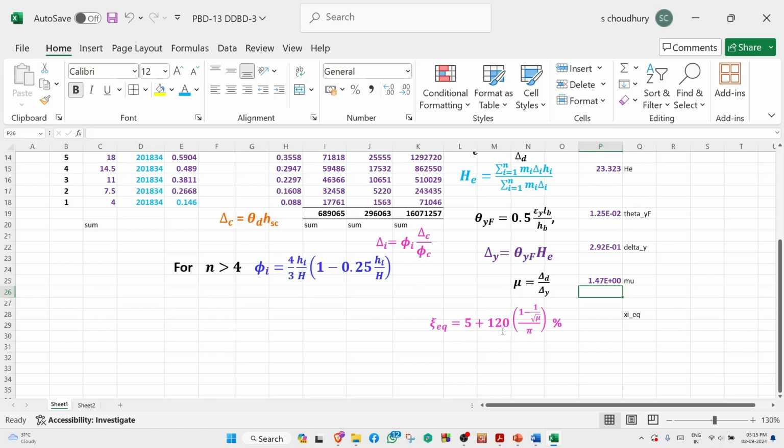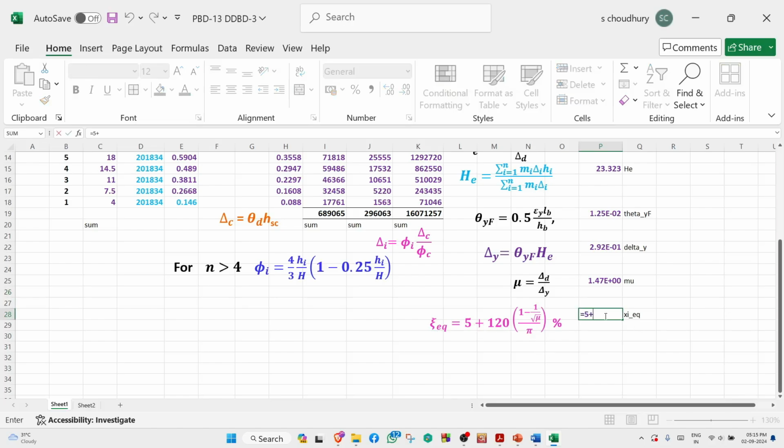Now we find the equivalent damping, which is 5 plus this formula. So we calculate here, equal to 5 plus 120 star, we require another parenthesis, 1 minus 1 divided by SQRT, square root of mu.